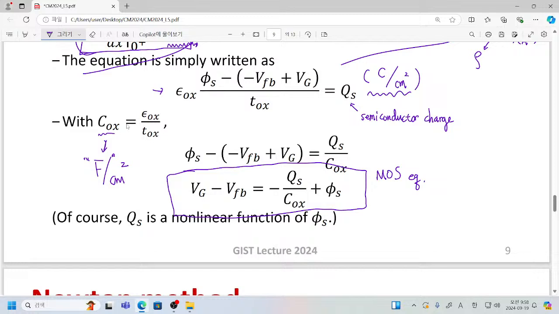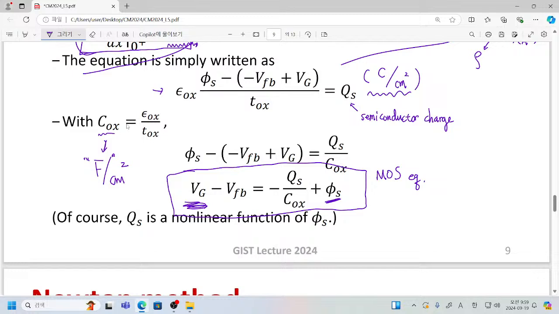In our previous lecture, lecture 4, we have already shown the relation between surface electric field and surface potential. However, that is not called the MOS equation. This equation is called the MOS equation. The main message of this MOS equation is, when you change your gate potential, it is not fully related to the change of your surface potential.